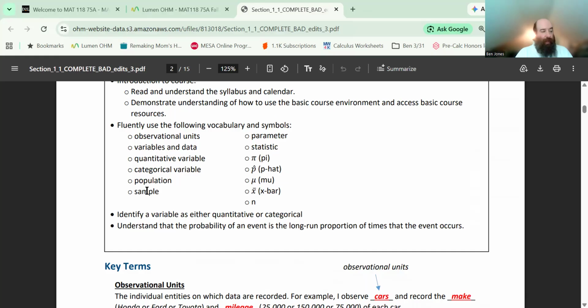The sample is the observational units that you actually gathered data on. The parameter is a numerical summary of the population. If you have a categorical variable, that's going to be a proportion. And if you have a quantitative variable, like our example, it's going to be an average or mean. The statistic is a numerical summary of the sample.